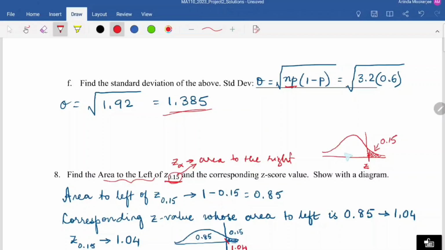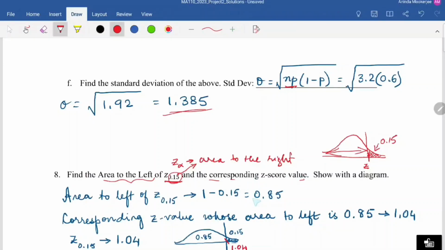And the question is asking what is the area to the left. So we know the total area under the curve is 1, so the area to the left will be 1 minus 0.15, which is 0.85.